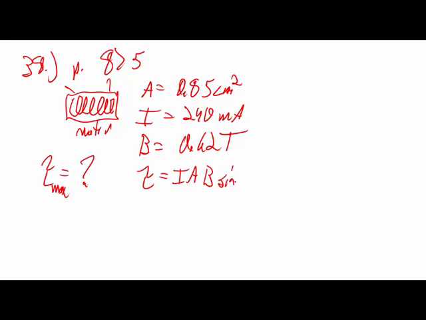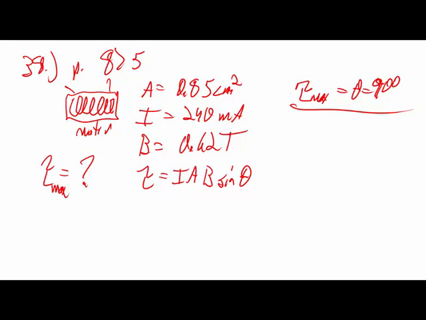To get maximum torque, theta has to be 90 degrees, right? Because the sine of 90 is 1, and so 1 times whatever is maxed out. So we have to realize that it's going to be at a 90-degree angle.